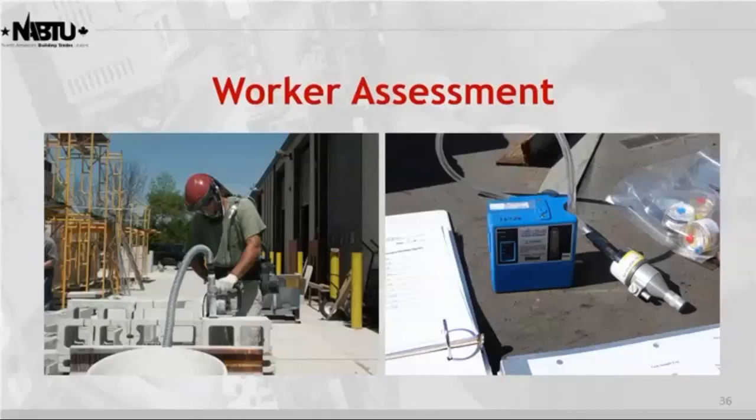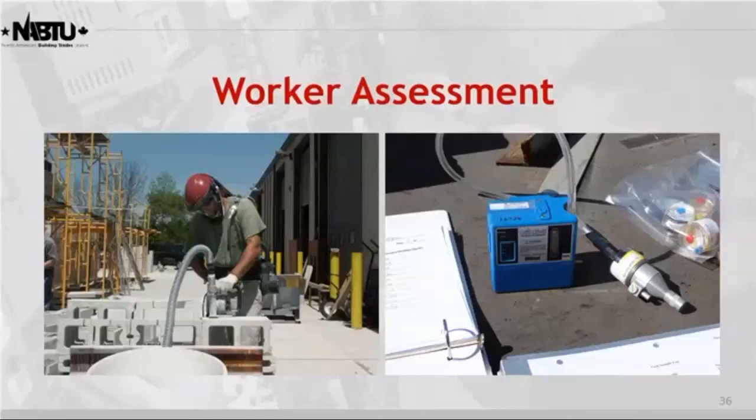Based on an 8-hour workday, that little capsule is sent to a laboratory to determine what your silica exposure rate is. Based on that rate, it will dictate what type of protections you should be implementing on the job site. So it's a very important process.